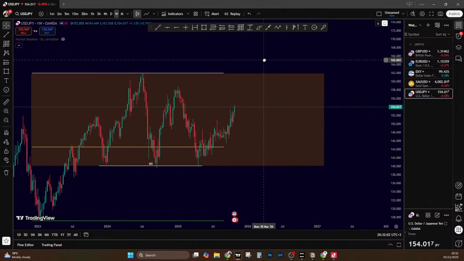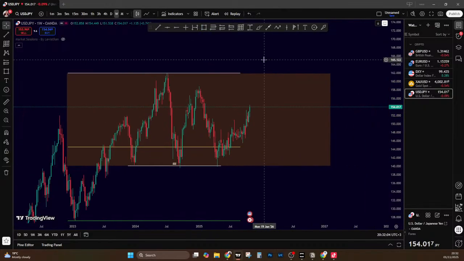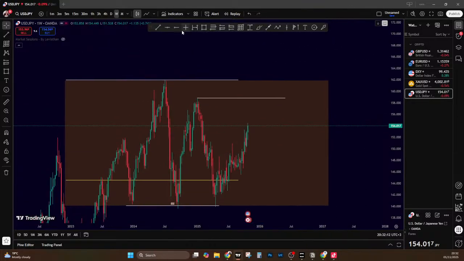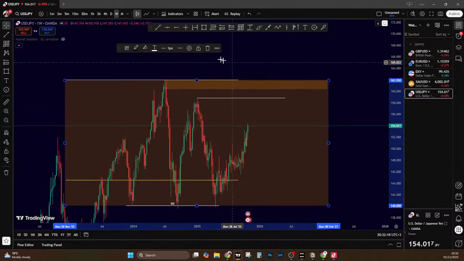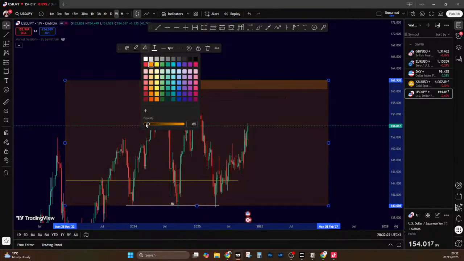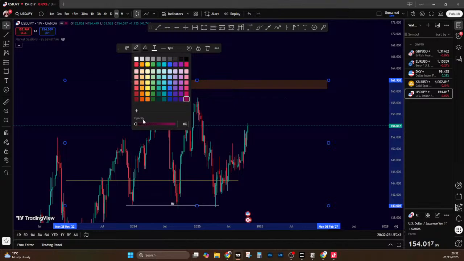You see there, this is what I would do. What I expect is that this high will be taken out, and then you see this order block here. Let us use support and resistance for this one, because I don't see anything else.